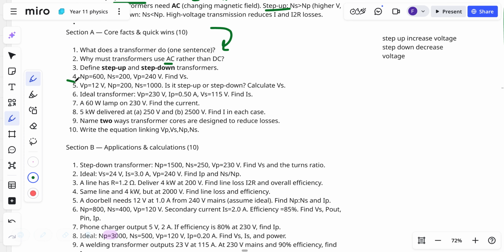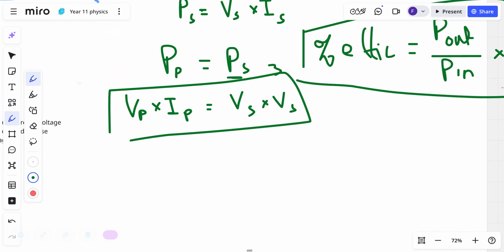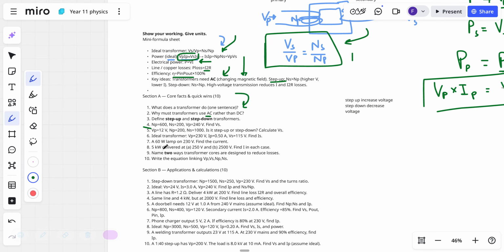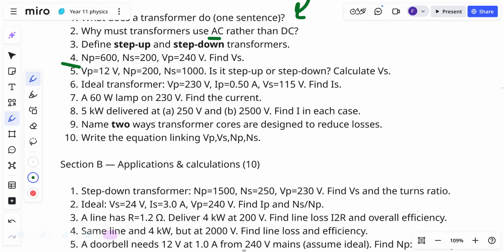Number 4, you have to find the formula that works. You've got NP, NS, VP, VS. This one here. That's for number 4. We did those last week. Sub your numbers in, find it. Same one for this. Have a think.